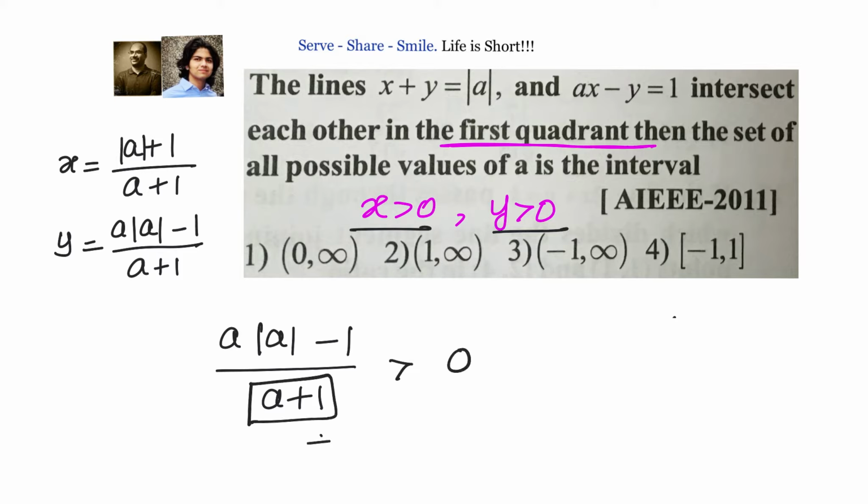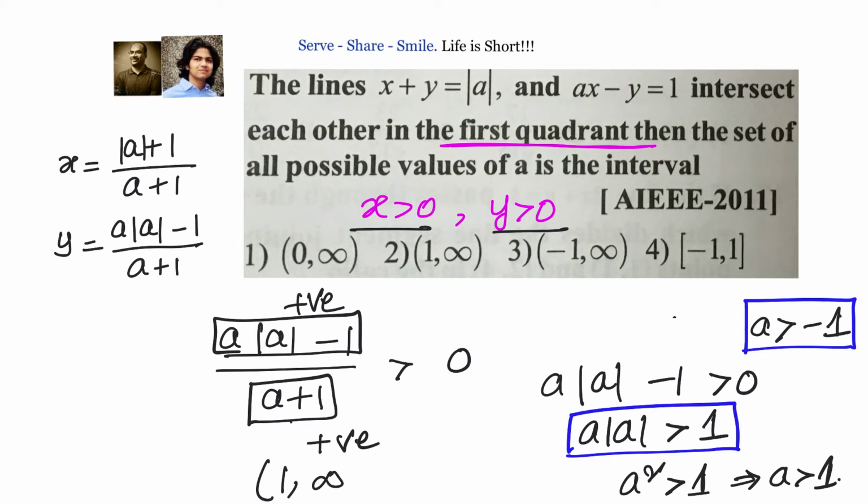Combining these two conditions, we have a is greater than minus 1 and a into mod a is greater than 1. We can clearly see that a should be greater than 0. At least a cannot be a negative value. So we know that a square is greater than 1. That means a is greater than 1. If a is greater than 1, then our answer will be 1 to infinity.